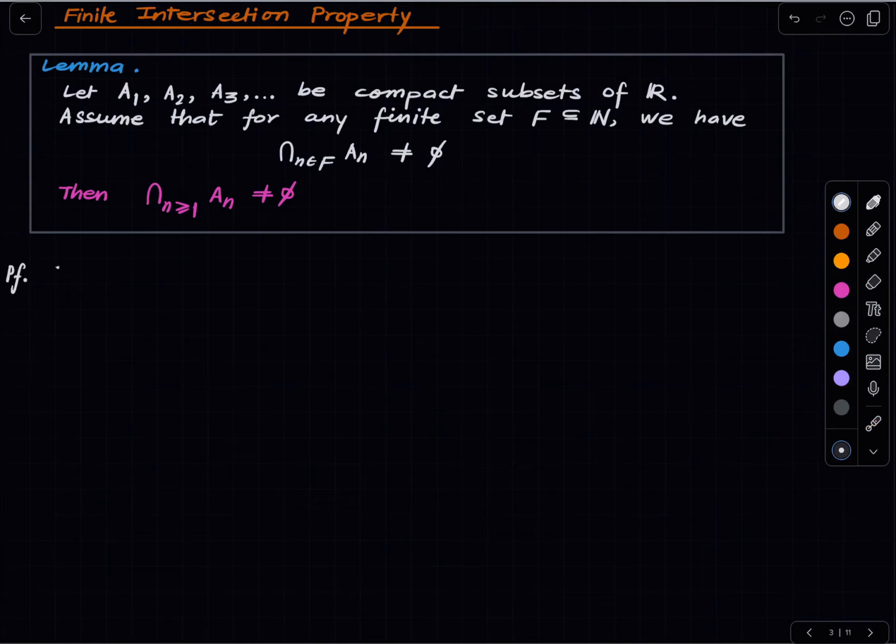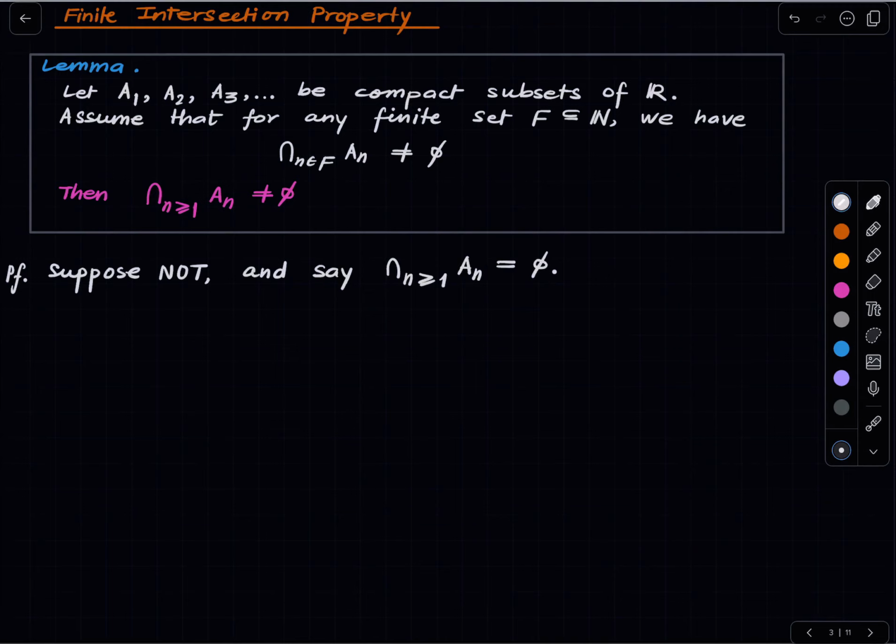So suppose not, and say this intersection is indeed empty, and we want to get a contradiction.